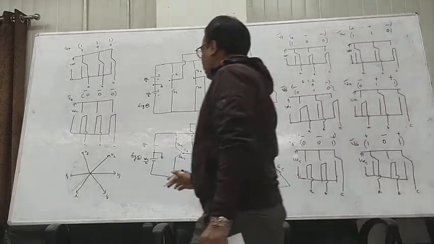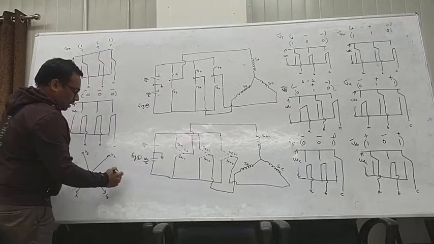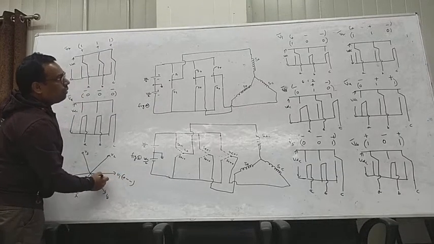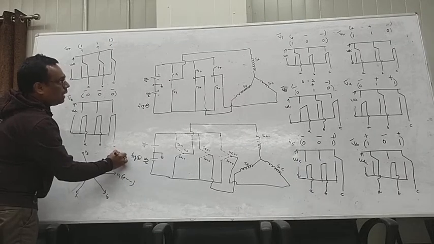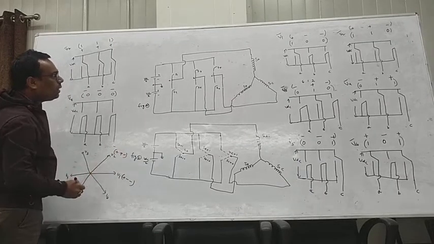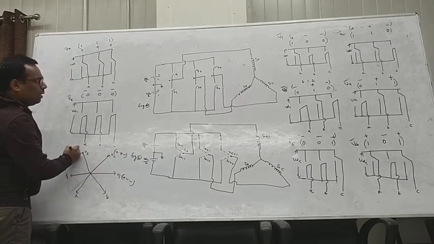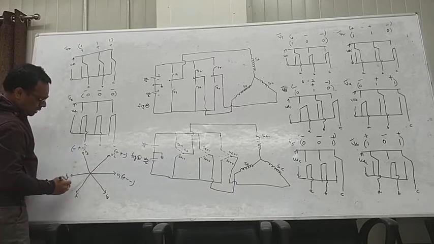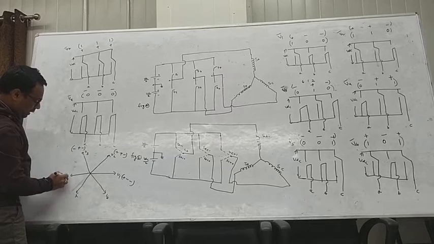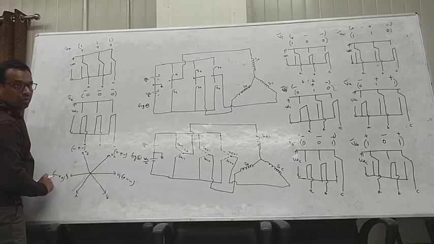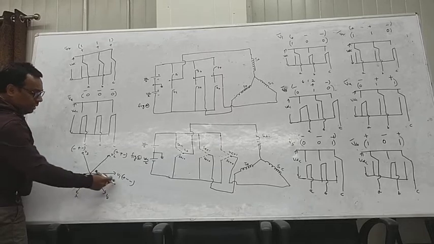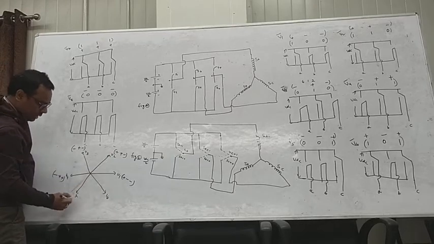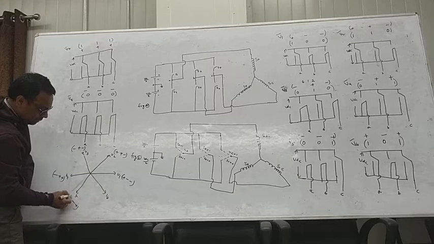And this is V1 in the sense plus, minus, minus, V2 in the sense plus, plus, minus. V3 in the sense minus, plus, minus. V4 minus, plus, plus, because it is opposite, reciprocal of this one. Okay, V1 and its reciprocal. And the next one is V2 and V5. That is minus, minus, plus.